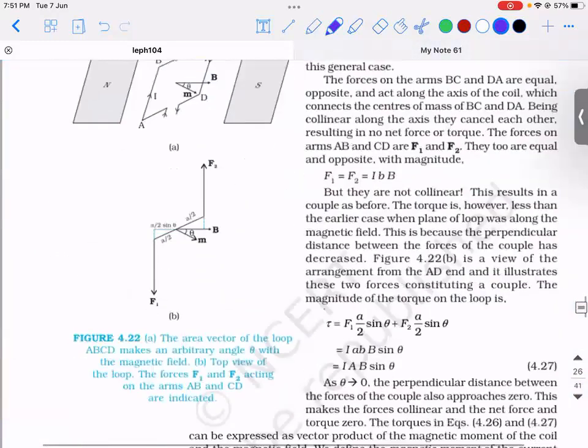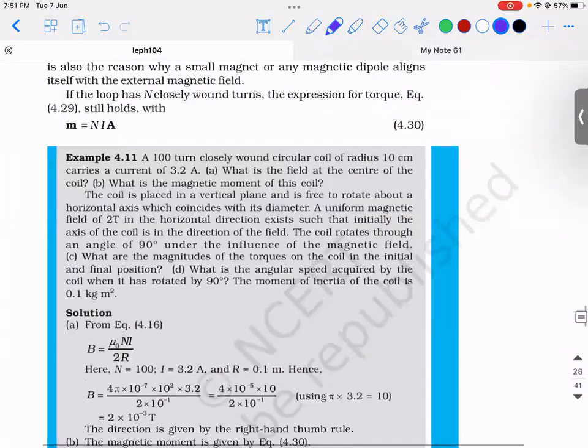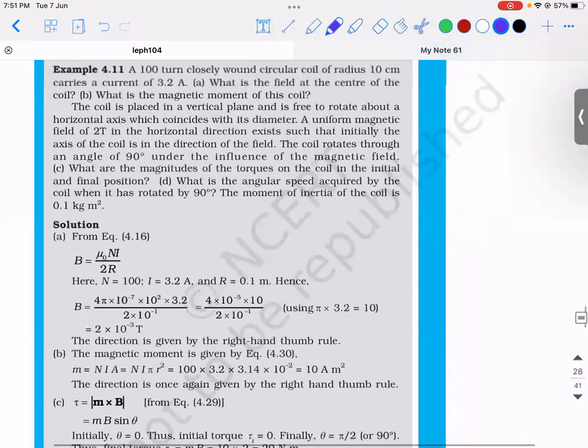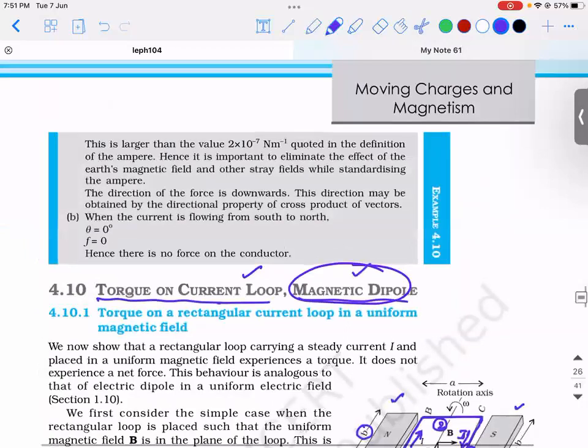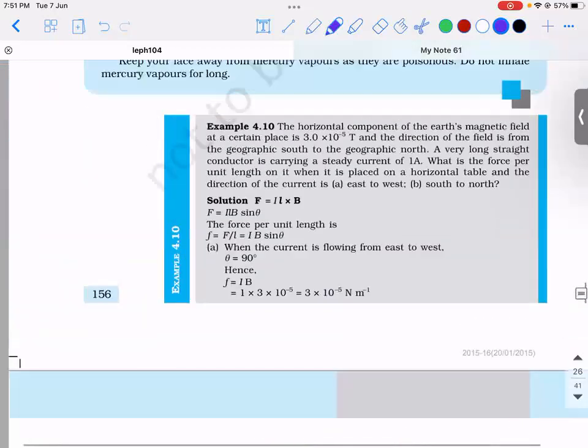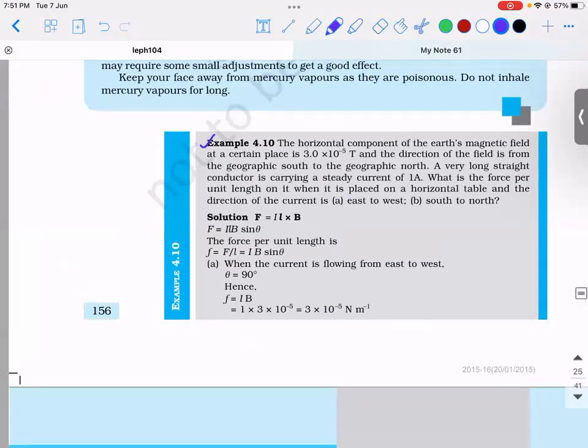Right? So can we try out some simple problem based on this? See, for example, you can try out 4.10.